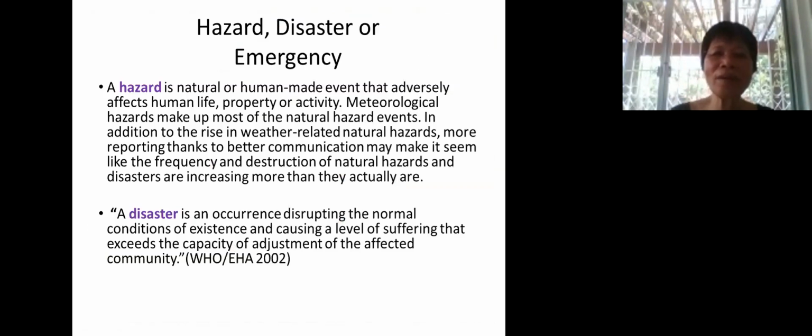In addition to the rise of weather-related natural hazards, more reporting thanks to better communication may make it seem like the frequency and destruction of disasters are increasing more than they actually are. So it's a natural or human-made event. What about disaster? It's an occurrence disrupting the natural conditions of existence. So in other words, you have to have a hazard first so that you have a disaster. Hazard is both natural and man-made. Okay, that is the definition that was given.